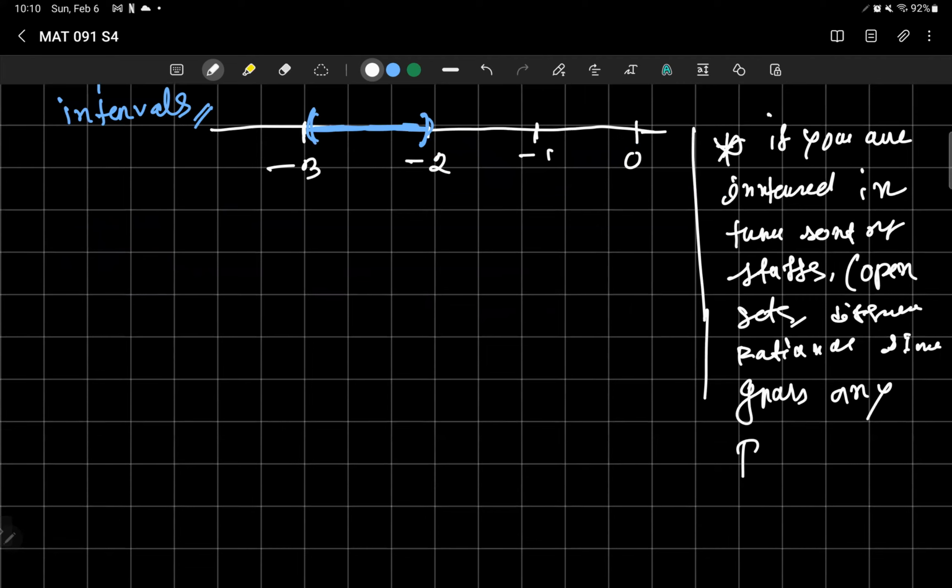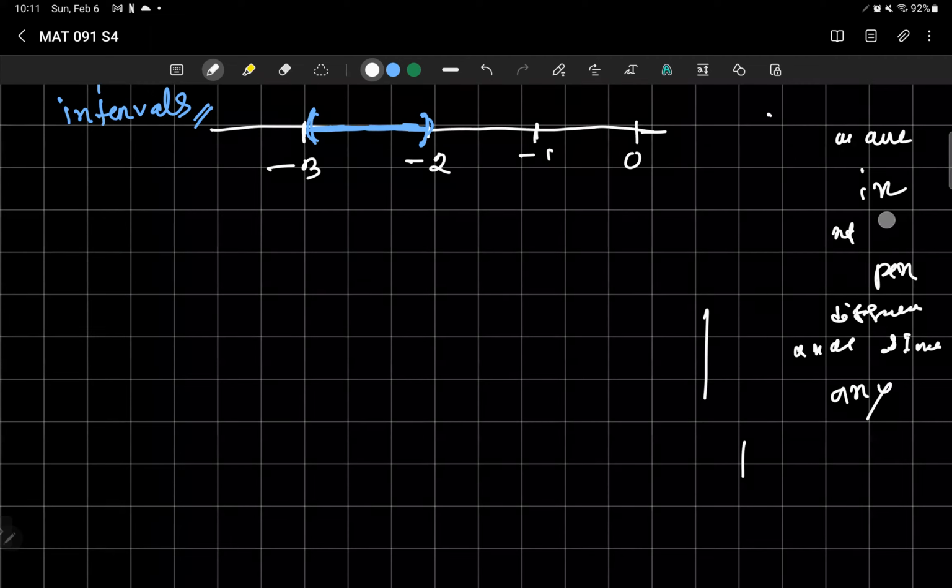It's quite hard to read, sir. Oh yeah, sorry. Okay, so let me just say this again. I don't know, my handwriting sucks.